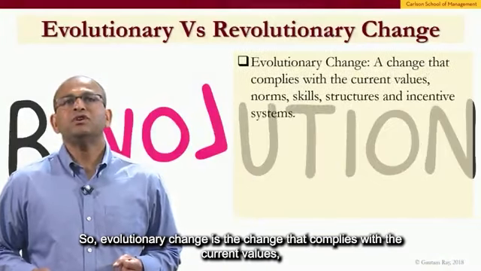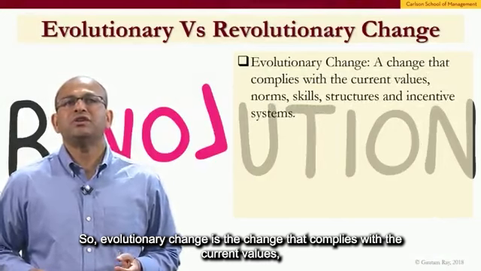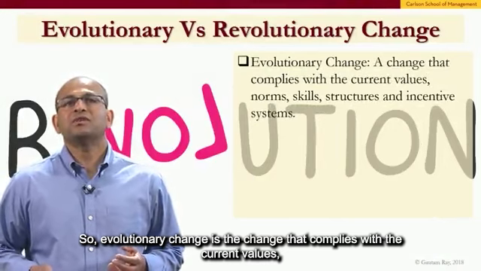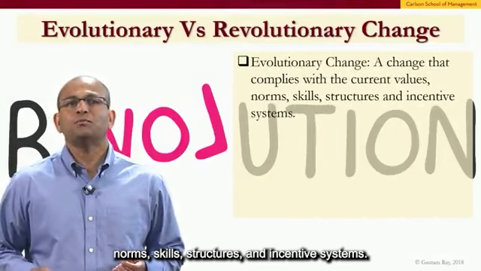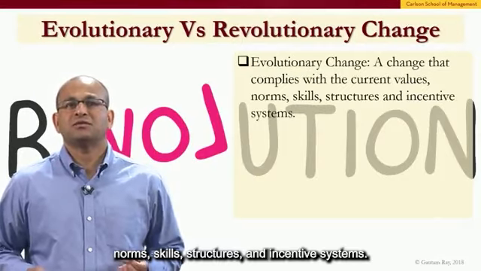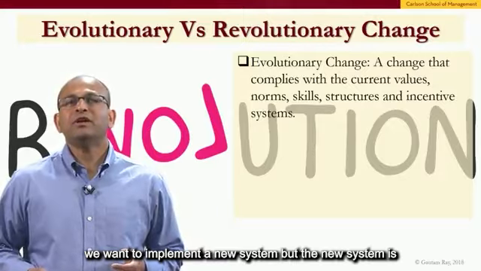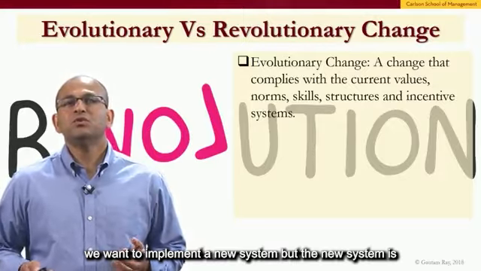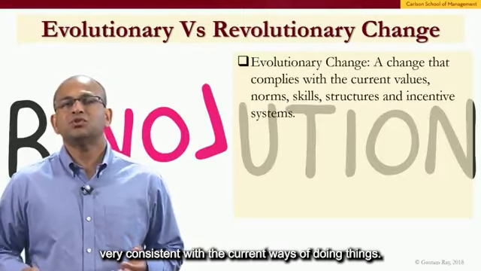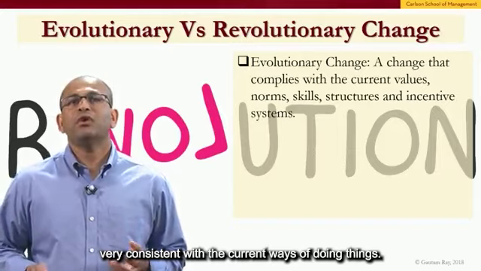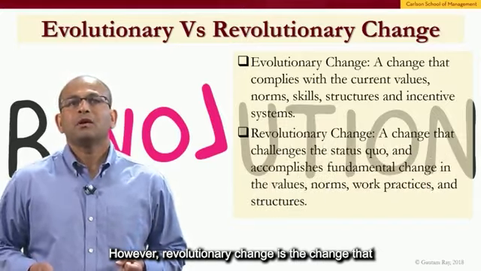Evolutionary change is a change that complies with the current values, norms, skills, structures, and incentive systems. So in evolutionary change, we want to implement a new system, but the new system is very consistent with the current ways of doing things.